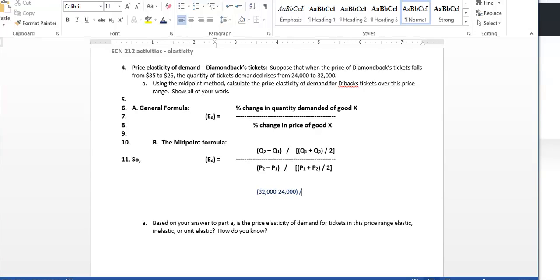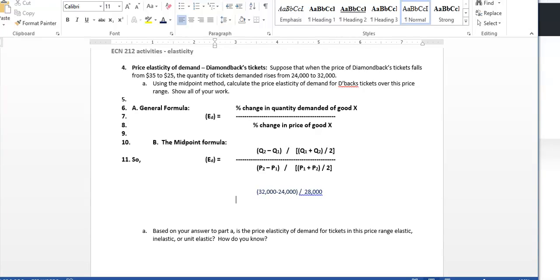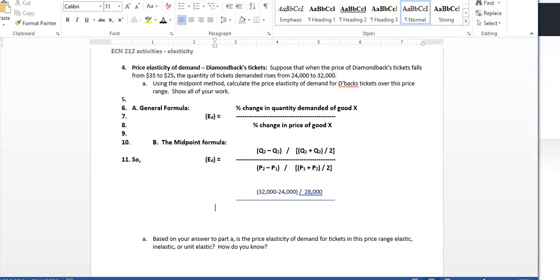And then we're going to divide by the average of those two numbers. So you can add them together, divide by 2, or just eyeballing 24 and 32, what's the midpoint of those two numbers? That's 28,000. Again, how did I get 28,000? You can add 32 and 24, that's 56. Divide by 2, 28. Okay? And then we're going to do the same thing down here for price. I'm going to plug in my numbers for price.